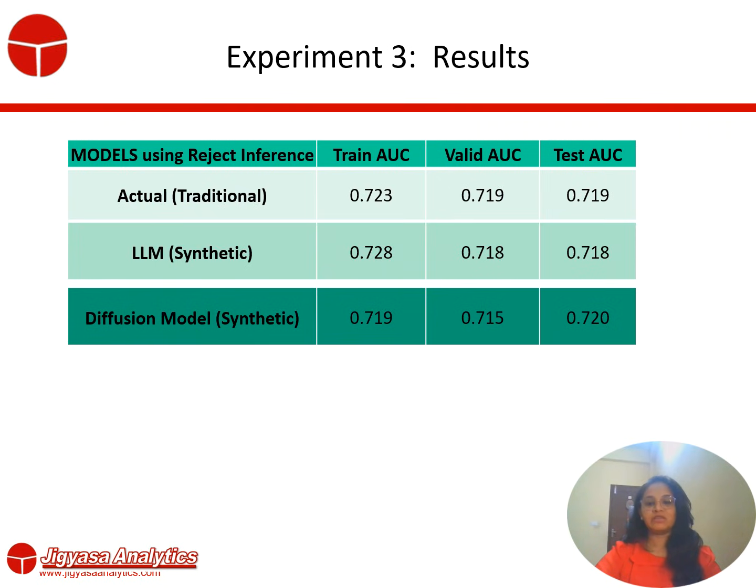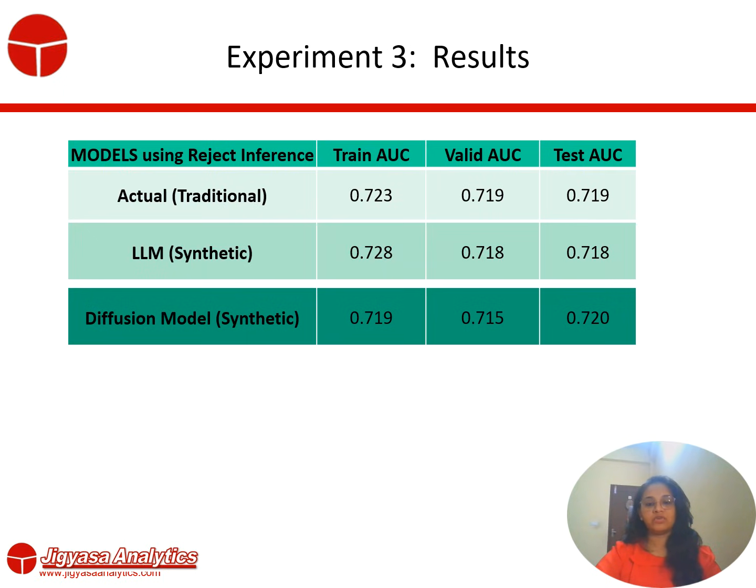Traditional model, train 0.723, validation 0.719, holdout 0.719. LLM model train 0.728, validation 0.718, holdout 0.718.